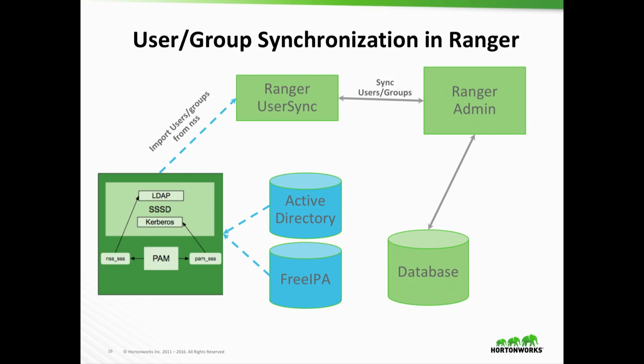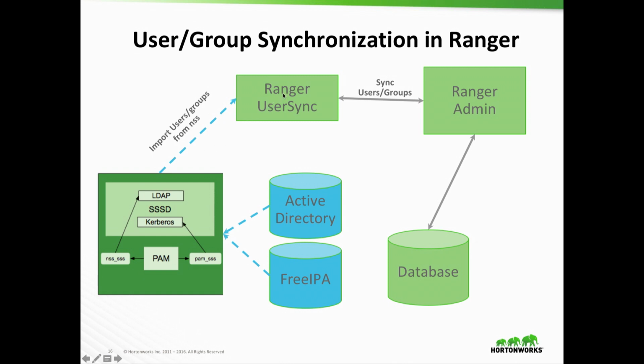So the typical user synchronization in Ranger looks like this. We have our directory servers like Active Directory and FreeIPA. In this example, I'm using user syncing from multiple LDAP stores via SSSD and NSS module.